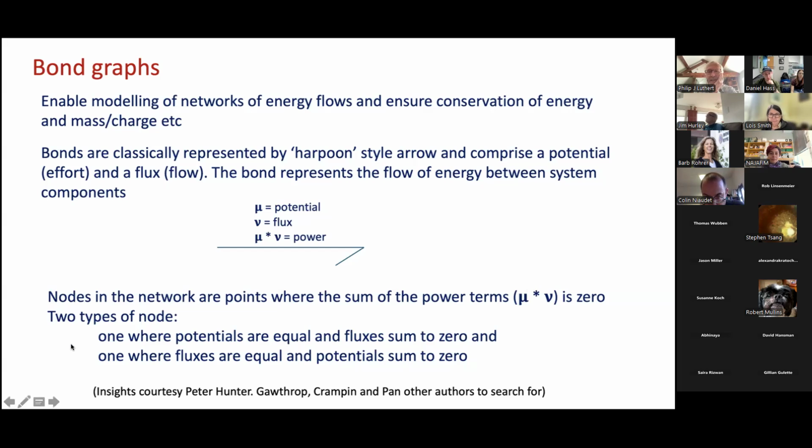So embedded in the bond are the paired concepts of potential and flux. And the networks come to nodes where there's conservation of power, and there are two types of node. One where the potentials are equal and the fluxes sum to zero, and one where the opposite holds true.